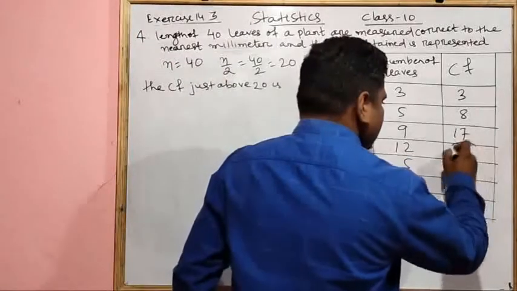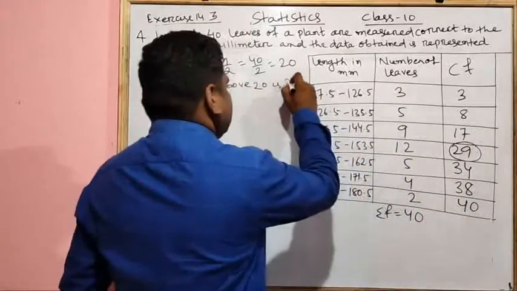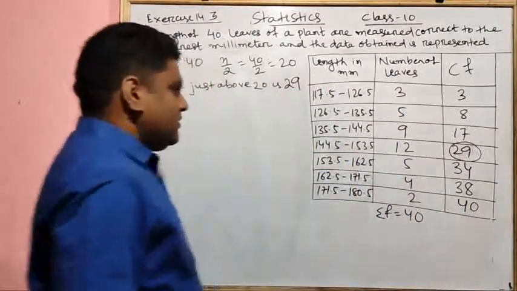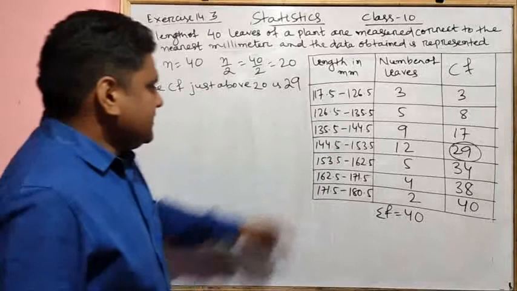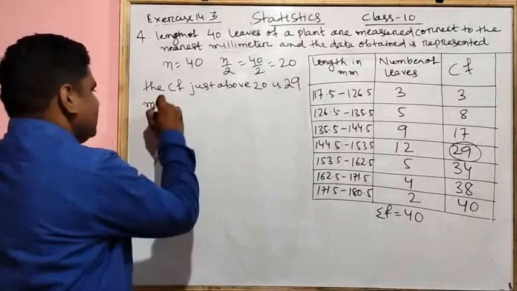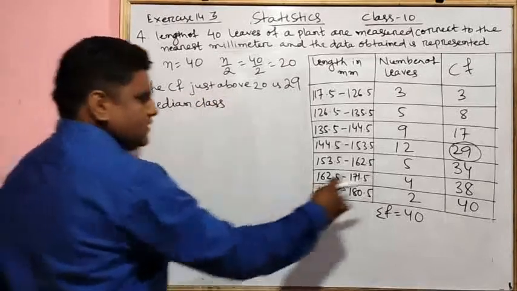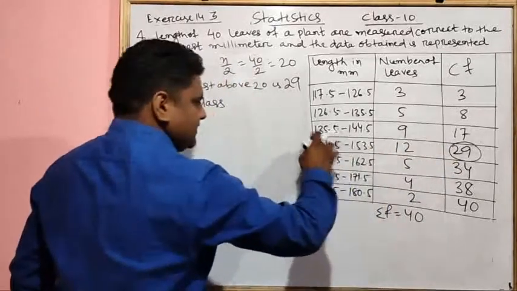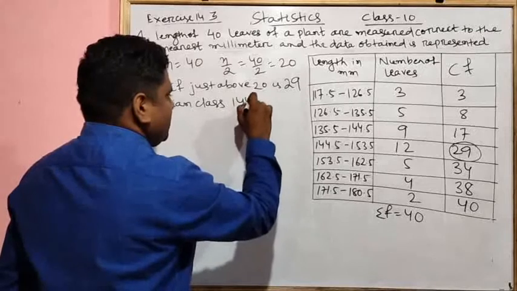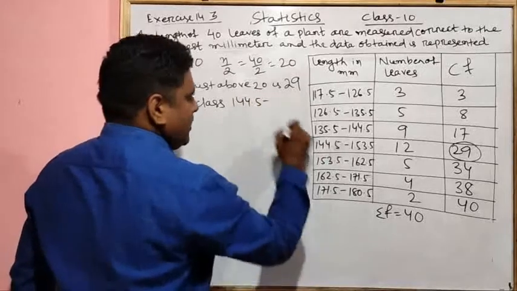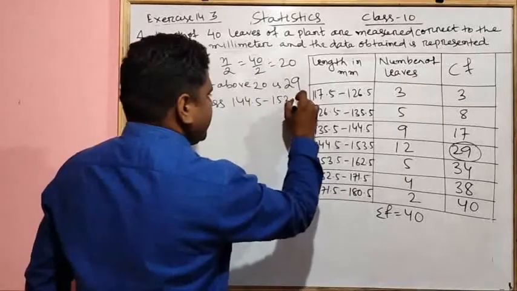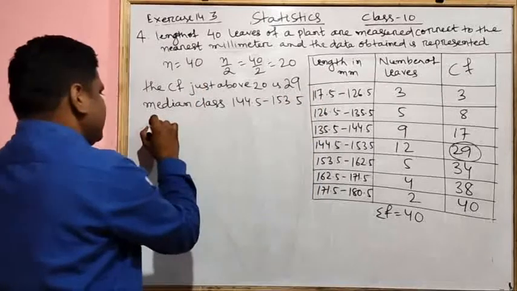So this one is 29. So this will be the median class. Median class is 144.5 to 153.5.